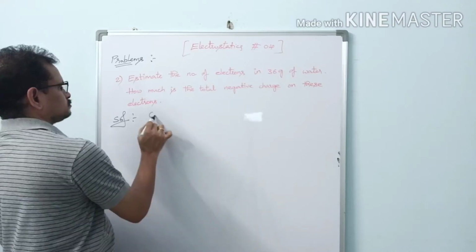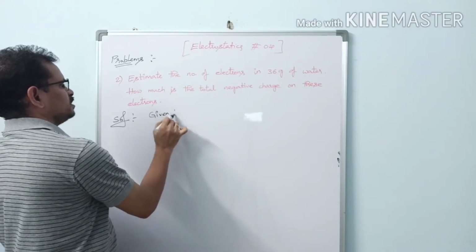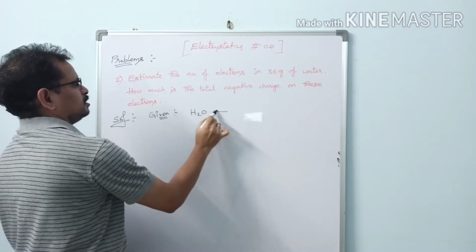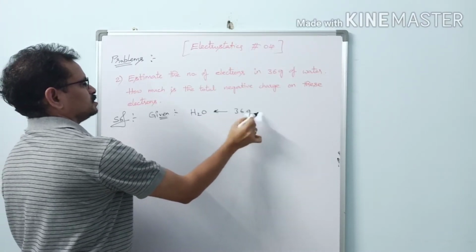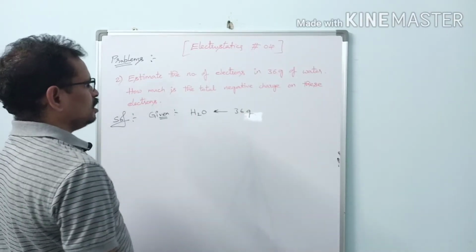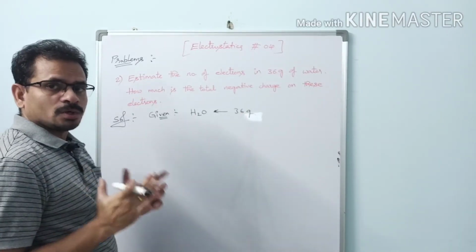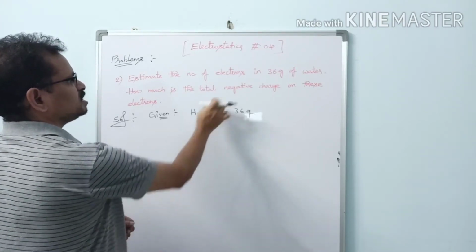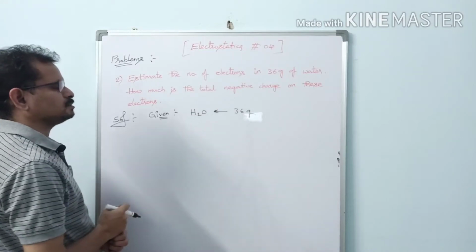The given quantity is H2O, 36 grams. Our target is to find the total number of electrons and the total negative charge on these electrons.